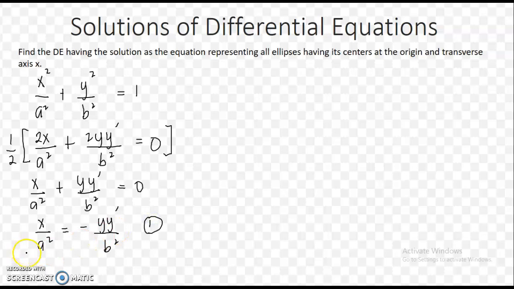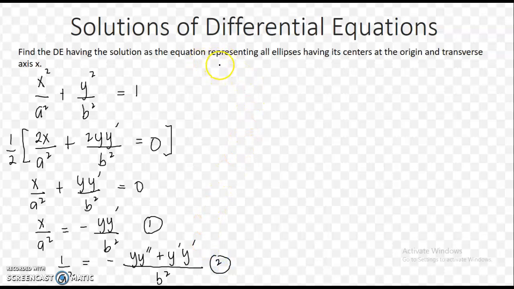By differentiating equation 1 again, we have 1 over a squared equal to negative (y y double prime plus y prime squared) all over b squared. This one will be your equation 2.